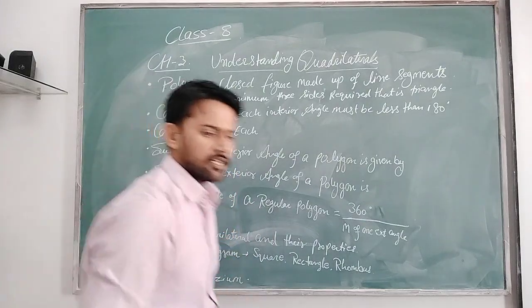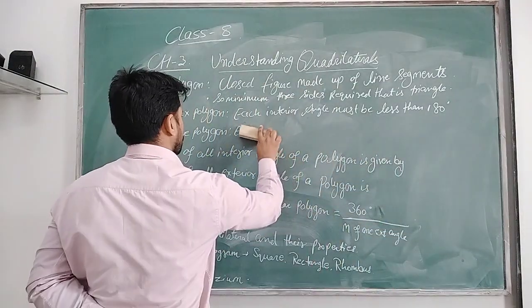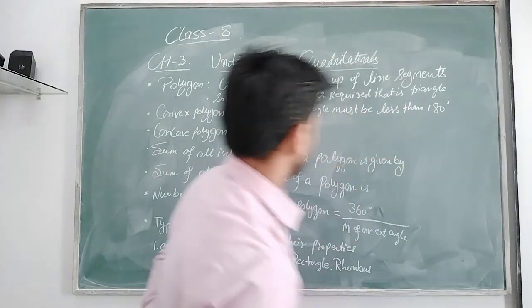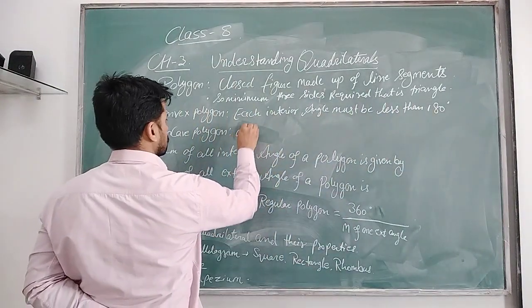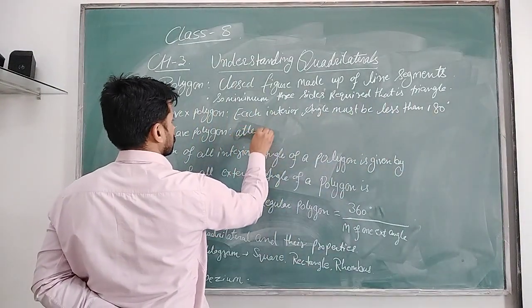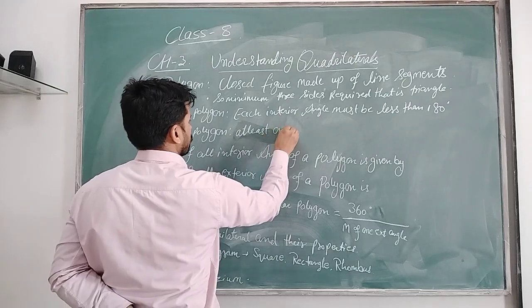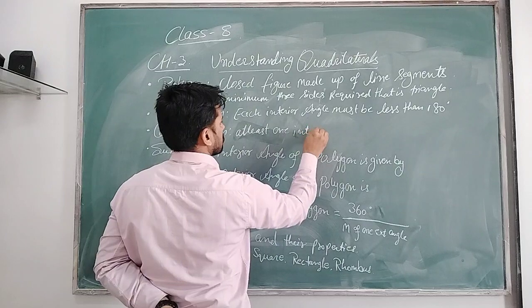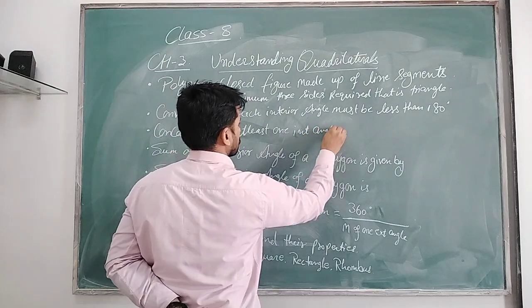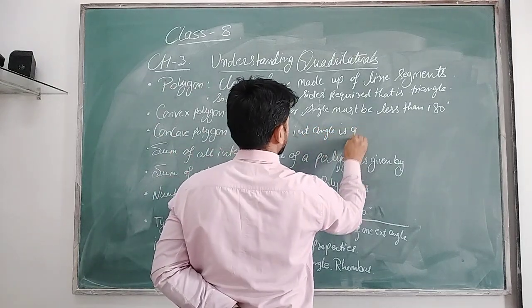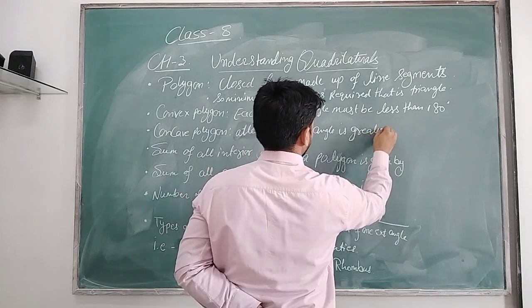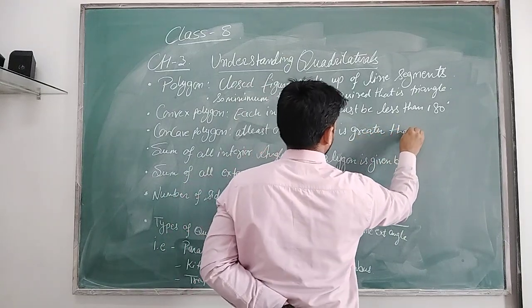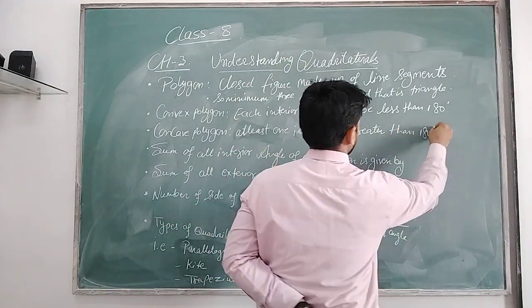Now, concave polygon, not each, at least one interior angle is greater than 180 degrees.